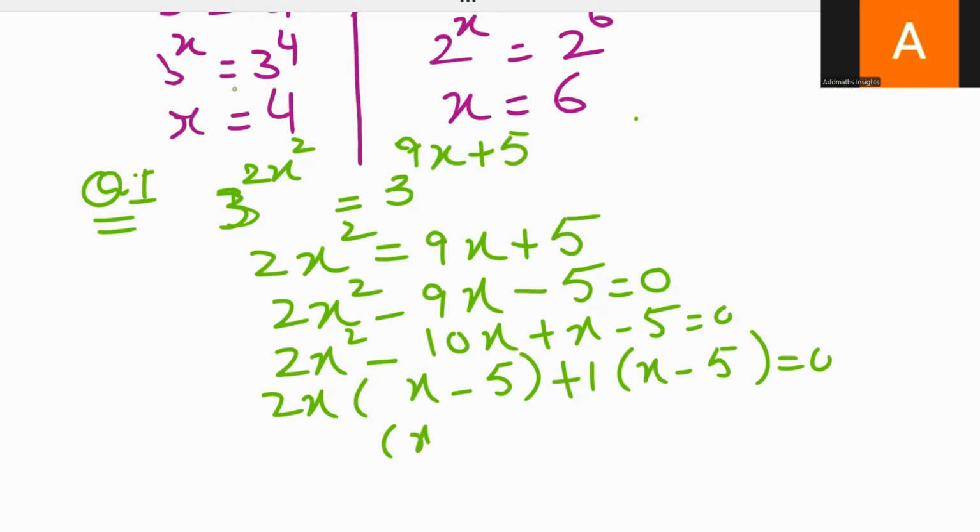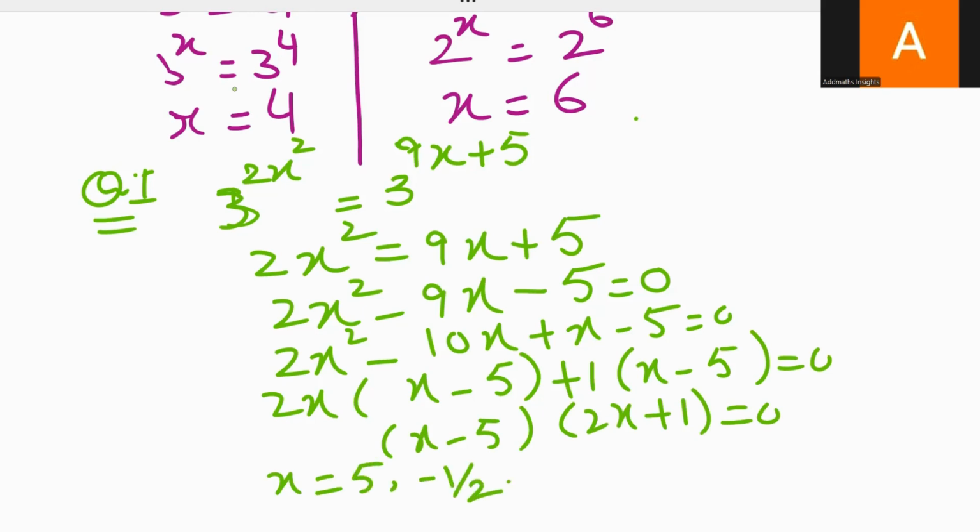And you can write x minus 5 into 2x plus 1 is 0. Then you can write either x is 5 or x is minus 1 by 2. So this is how you can solve exponential equations.